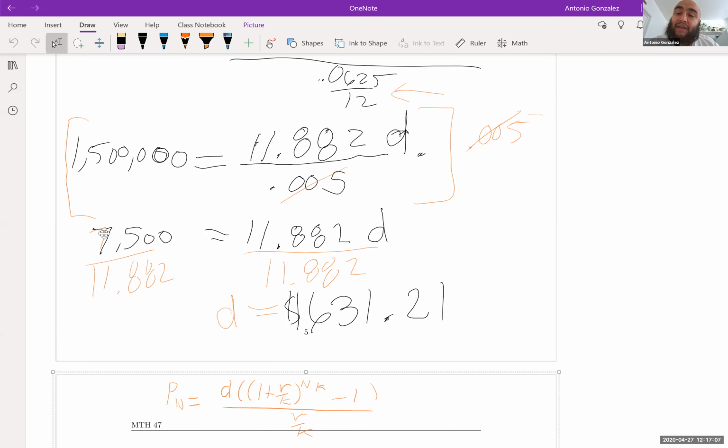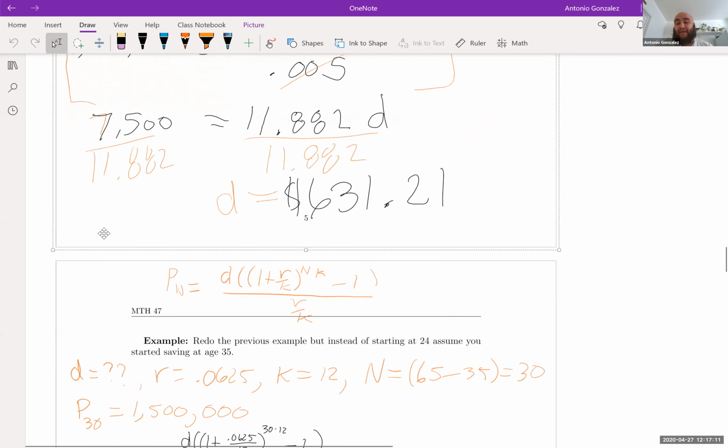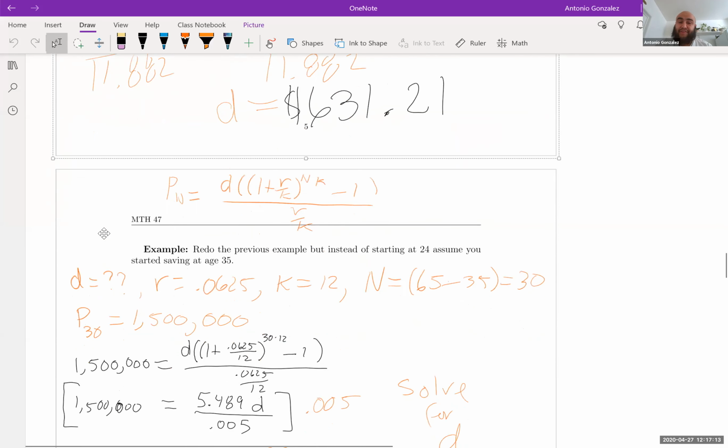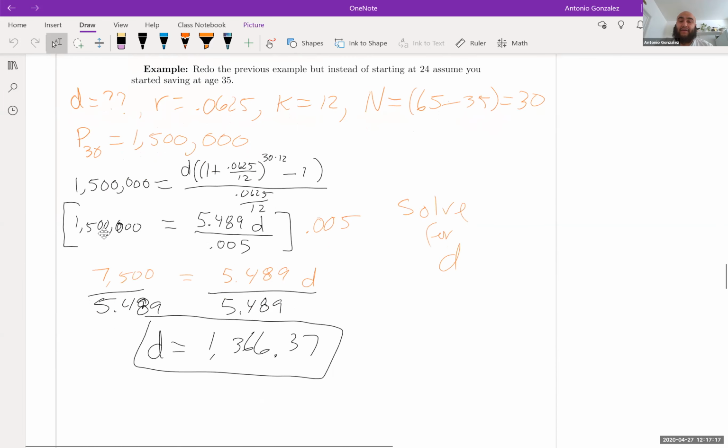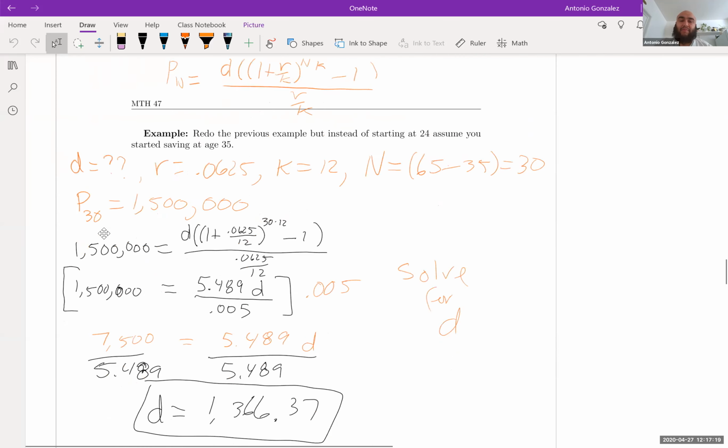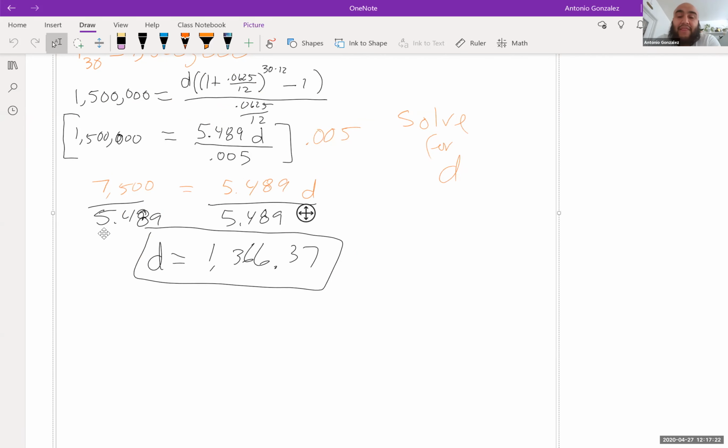And then we said, all right, what if we change the problem up a bit, where our goal is still $1.5 million, but now I started 11 years later at age 35. And we saw that it more than doubled what our monthly deposit should be.